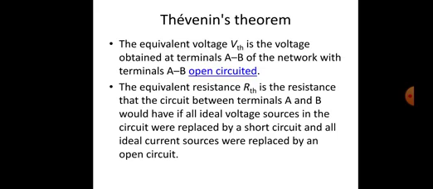The equivalent voltage VTH is the voltage obtained at terminals A to B of the network with terminals A to B open circuited. The equivalent resistance RTH is the resistance that the circuit between terminals A and B would have if all ideal voltage sources in the circuit were replaced by a short circuit and all ideal current sources were replaced by an open circuit.